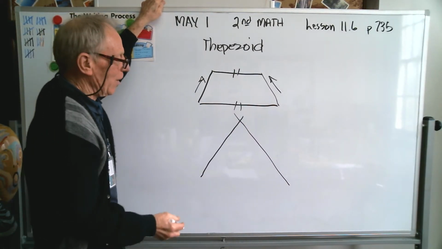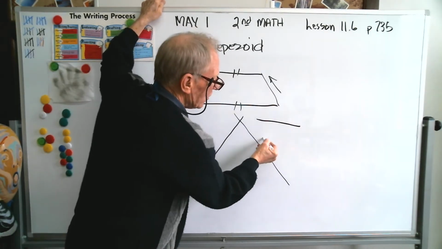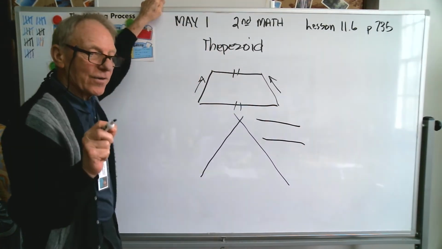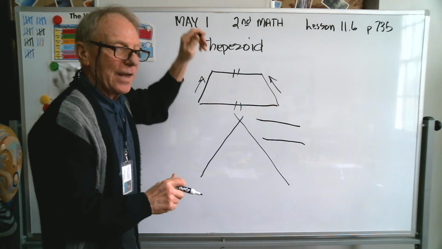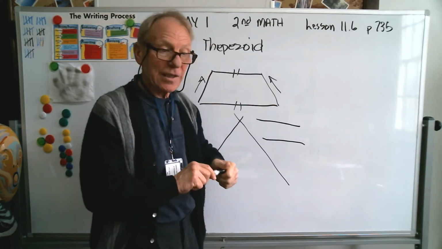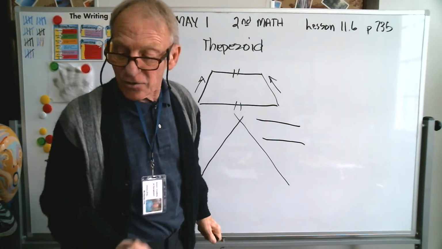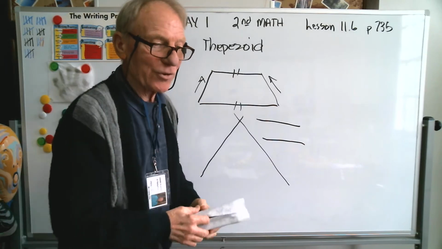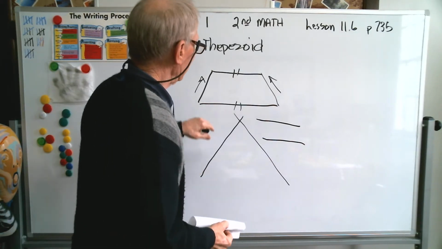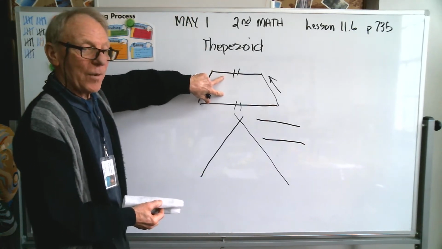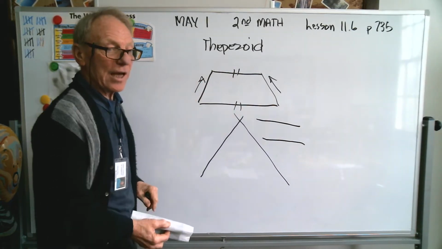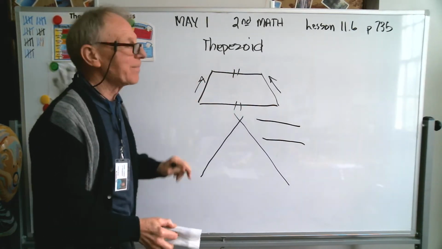So if you took the lines of those two sides, eventually they would do that. That's not parallel. Parallel means two lines that never touch each other. They run in the same direction and never touch each other. And that's what makes this a trapezoid, is the fact that two sides are parallel, the other two sides are not.